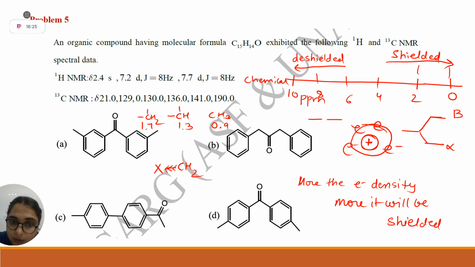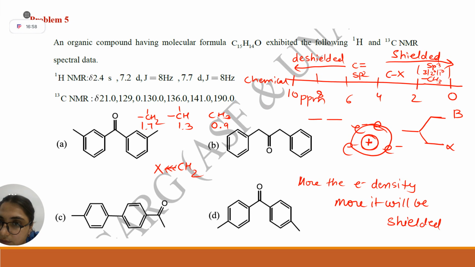The lesser the electron density, the less this proton will be shielded. So it will come in this range, 2 to 4. Here your normal sp3 hydrogens, 3 degree, 2 degree, 1 degree. Here your carbon attached to a heteroatom, because the heteroatom is going to take electron density from your carbon, and then from the proton. In 4 to 6 your sp2 carbon attached hydrogens will come.